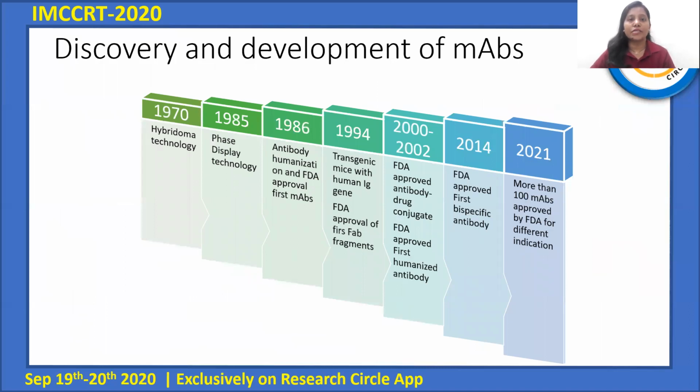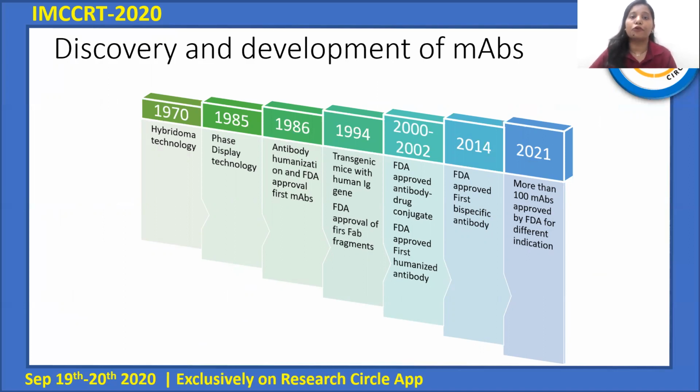Then coming toward the discovery and development of monoclonal antibodies, it started during the 1970s. The discovery of hybridoma technology received the Nobel Prize as well. In 1985, phage display technology was launched. In 1986, the very first antibody was approved by the FDA.